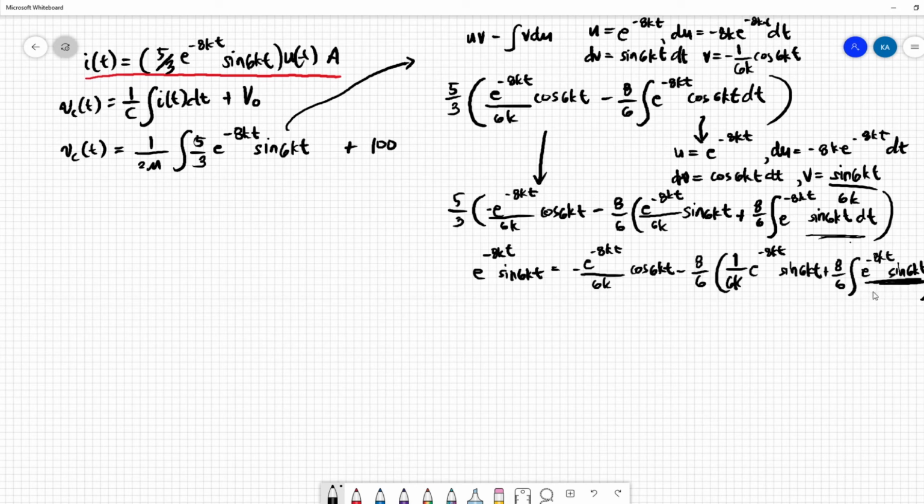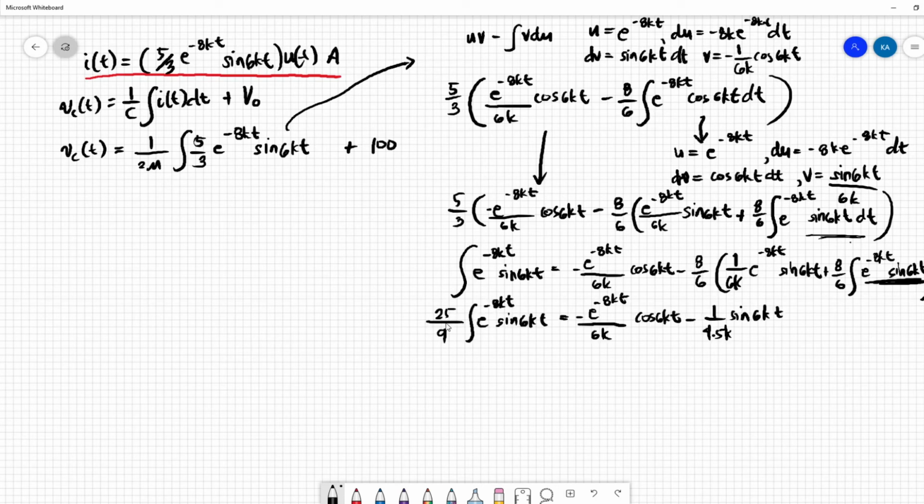Transposing this to the other side, so we have 25 over 9, solving for e to the negative 8kt sine of 6kt.